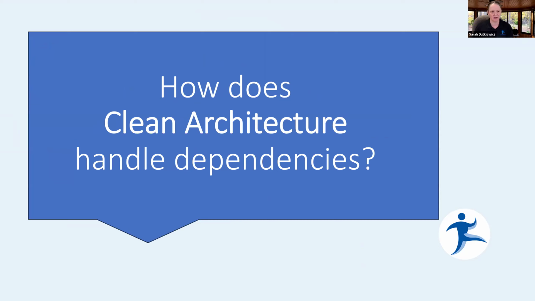Another question I get with clean architecture, because one of the features that stands out is how it handles dependencies, is, how do you handle dependencies in clean architecture? Well, it uses the dependency inversion principle. So you're writing code to abstractions, and your abstractions and your implementations are separated, and you're using dependency injection to implement the concrete for the abstract.